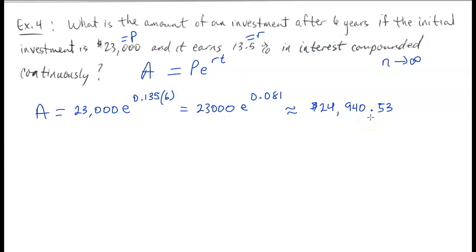So if you held an investment for 6 years, and the initial amount that you put into it is $23,000, and you know that you're earning 13.5% interest on that money, the max that you could get out of it is going to be this $24,940.53.